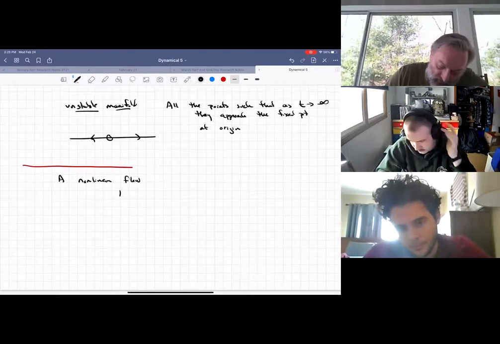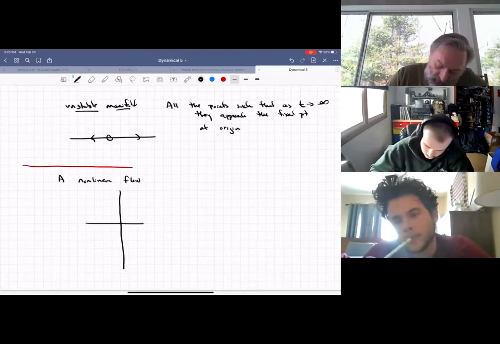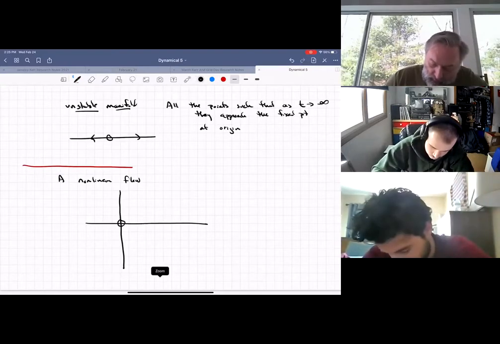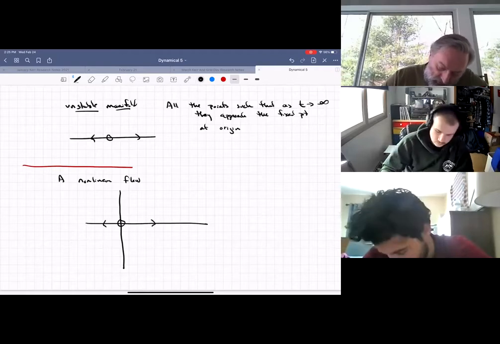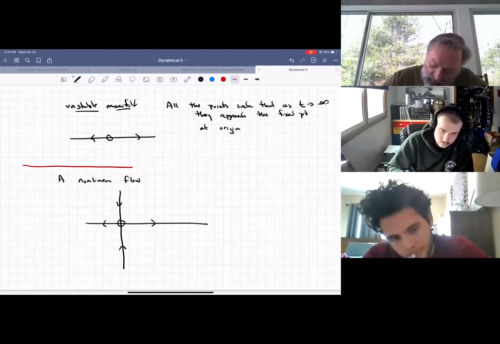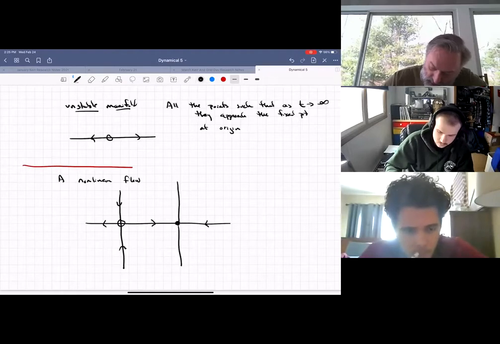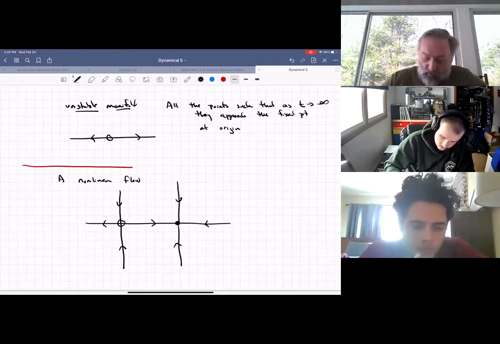You might have a nonlinear flow, for instance, that has maybe a saddle here. And so maybe I'm going this way. And then maybe over here, I have a stable node.